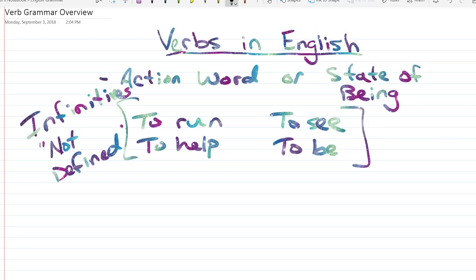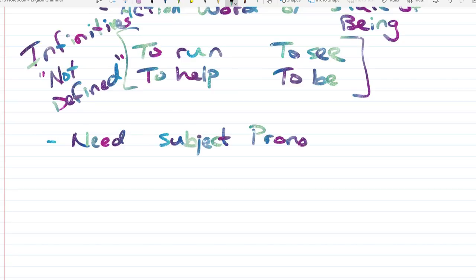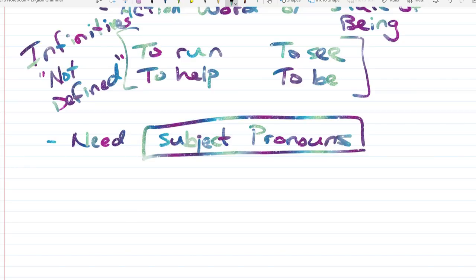And what this means is that in English, we can't really tell who's doing it, right? We need to know what action is going on and who's doing that action. So one of the things that we need in English is something to go along with these. And what we need are called subject pronouns in order to get that meaning. Subject pronouns being pretty important here.